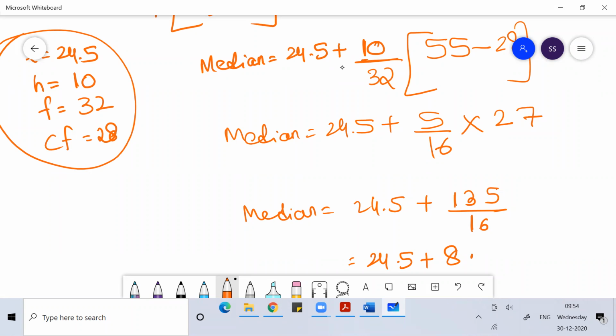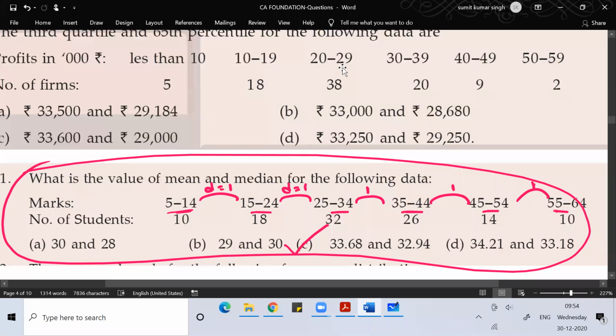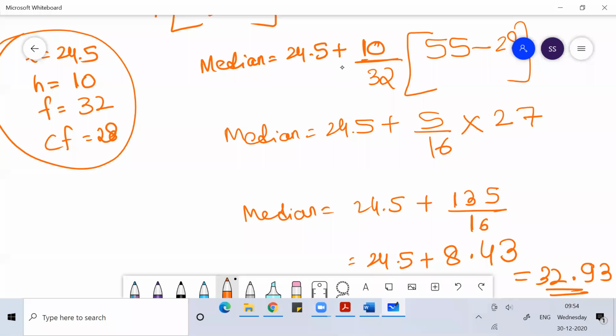So this is 9, 3. This is 32.93. That is your median. 9 3 or 9 4, whatever.